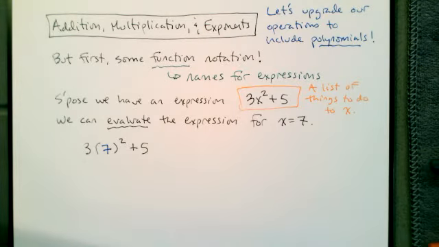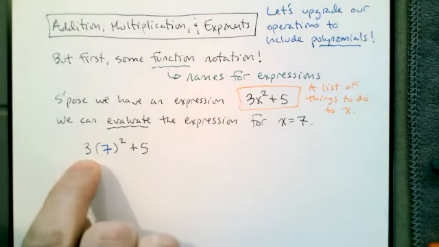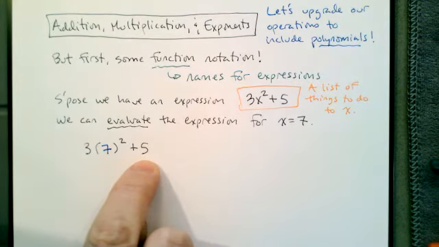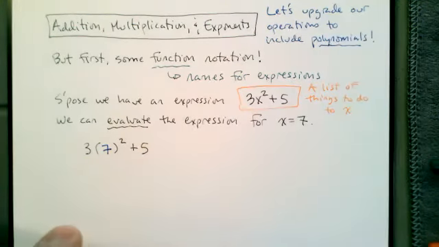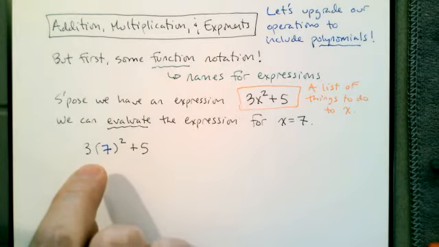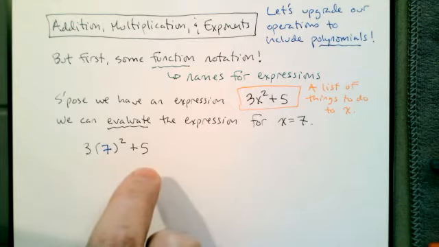We know that exponents go before multiplication, and multiplication goes before addition. So I'm not adding 5 yet. I have to do 7 squared first. I'll multiply the result by 3, and then I'll add 5 to the result.